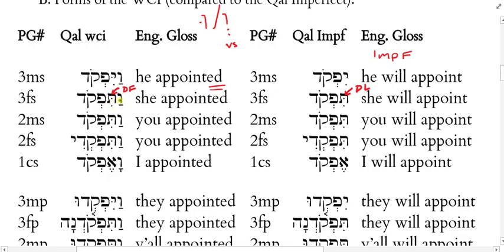You're going to look and see if there's a vowel sound before it. If there's a vowel sound before a dagesh, if it's a dagesh lene, what would happen to the dagesh lene? It would get blown out. Yes. And since this dagesh is still there, even with a preceding vowel, then that must be a strong dagesh, right? That's a dagesh forte.